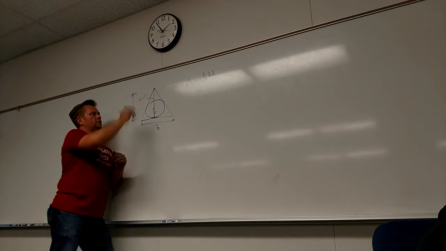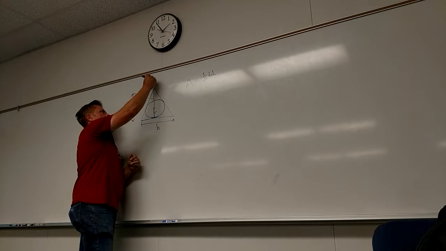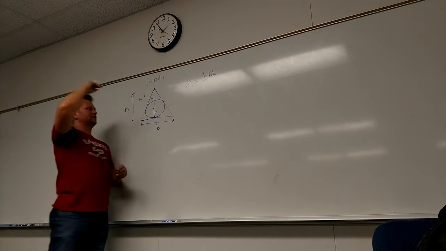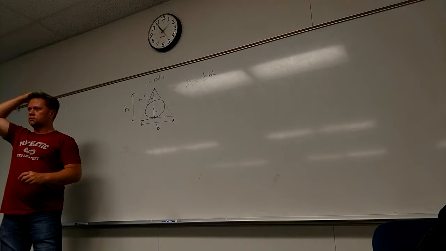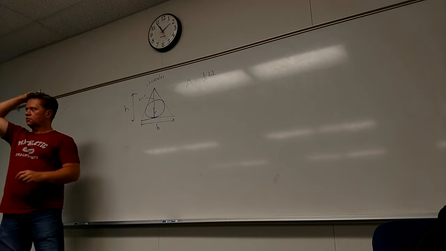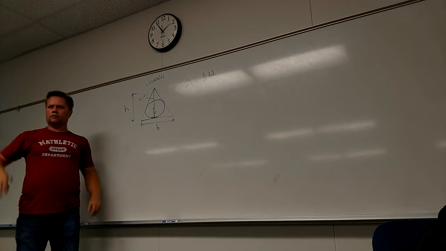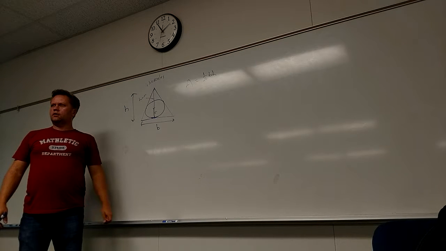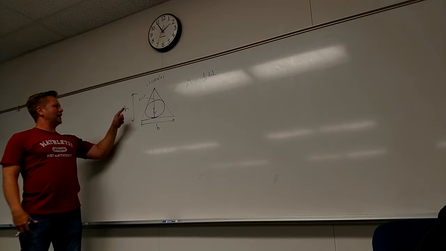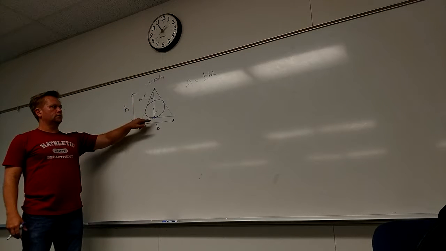Now, this is what kind of a triangle? I think it says it's an isosceles triangle, right? What's true about an isosceles triangle? These two sides are the same length. This side and this side are the same length. Okay, so I've got height and radius related.